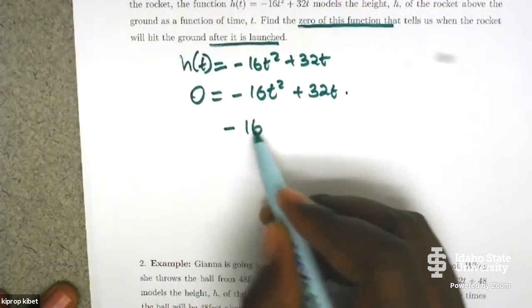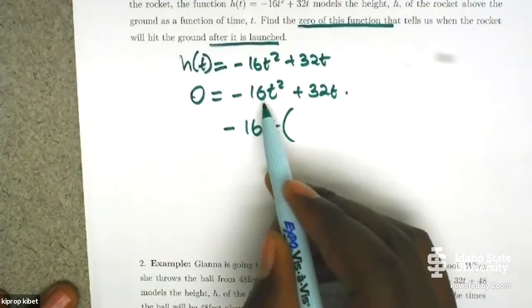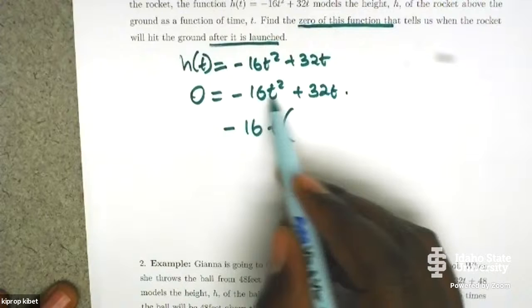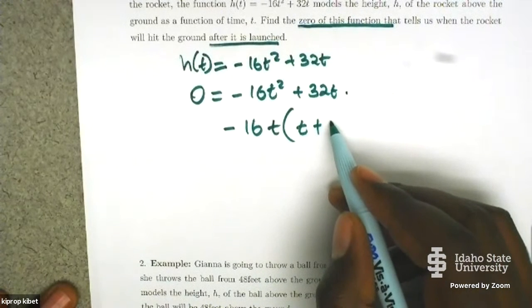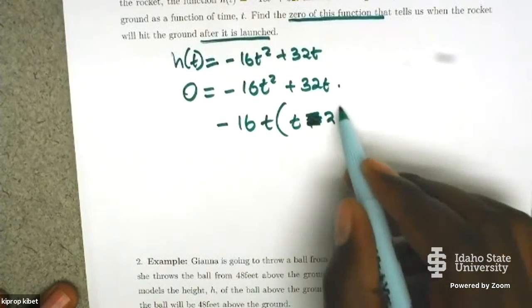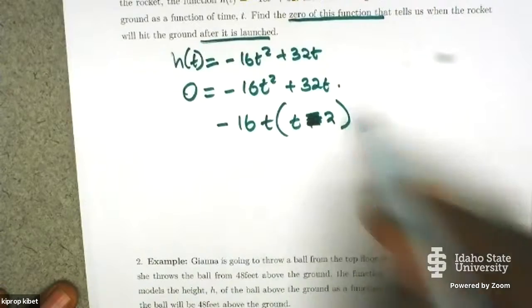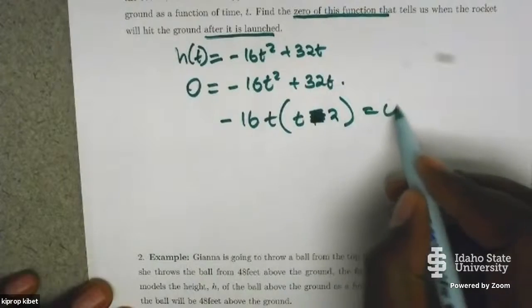Minus 16t, right? And then what remains is what? T plus what? T minus what? Minus 2. T minus 2, okay? And this one is equal to 0.